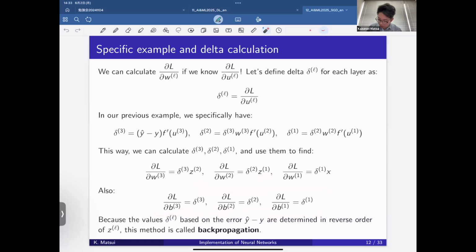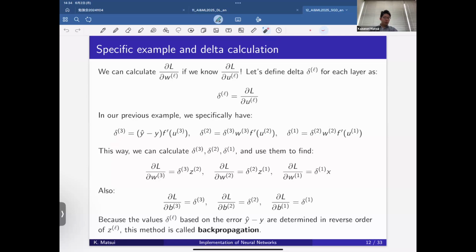And this delta 3 is based on the initial y hat minus y, which means it's a value determined by the error, y hat minus y. Furthermore, once delta 3 is determined, then delta 2 is determined, then delta 1, and so on, with the subscripts getting smaller.